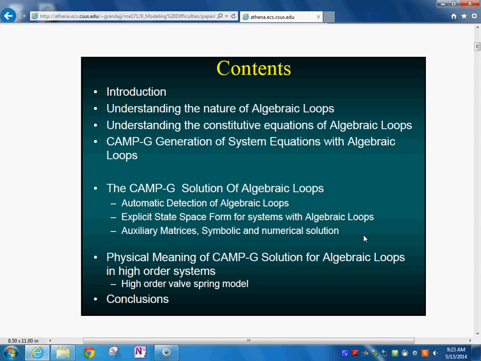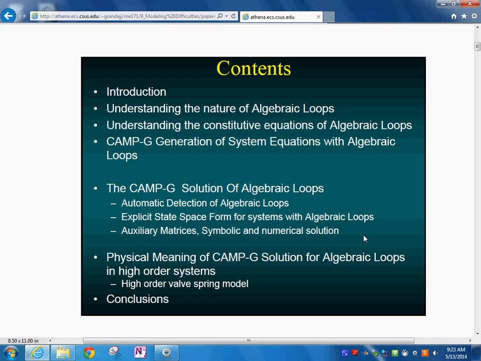Then the next topic we'll look at is how the solution of algebraic loops works using CAMG, how it automatically detects explicit state space form once we discover the difficulty, and then how we go about creating some auxiliary matrices to be able to solve this problem.